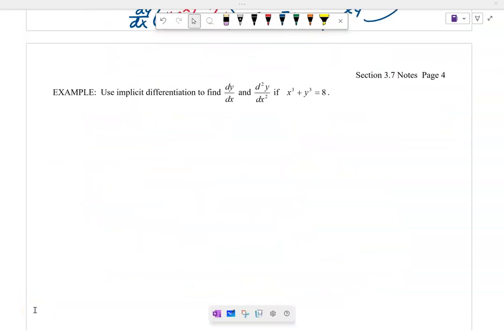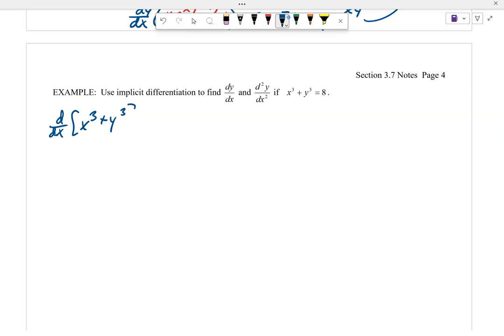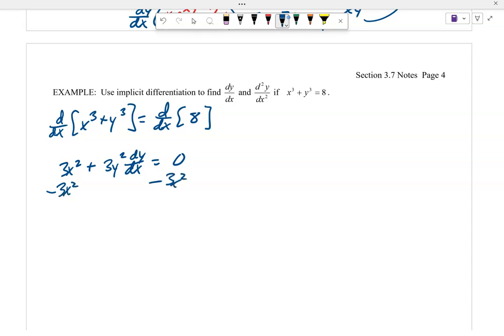So notice here they want the first derivative and the second derivative. So let's go ahead and take the first derivative of this, x cubed plus y cubed equals 8. Derivative of x cubed is 3x squared. Derivative of y cubed is 3y squared. Don't forget the dy/dx on that. Variables do not agree, equals 0. Subtract 3x squared from both sides.